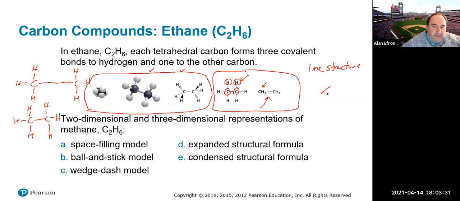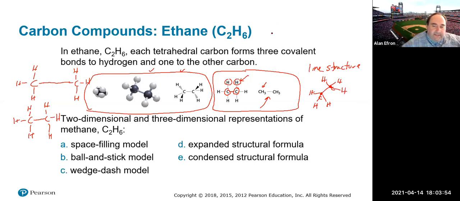And it may just look like a line to you, but at the end of each of these lines is basically a carbon. And because carbon needs four bonds, everything else attached would be enough hydrogens to get it to four bonds.